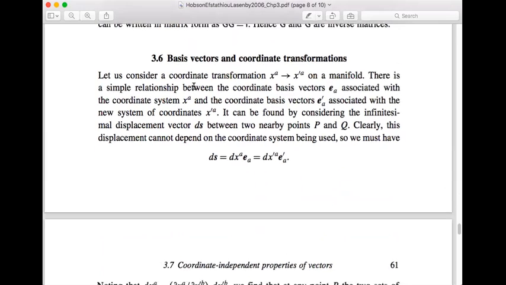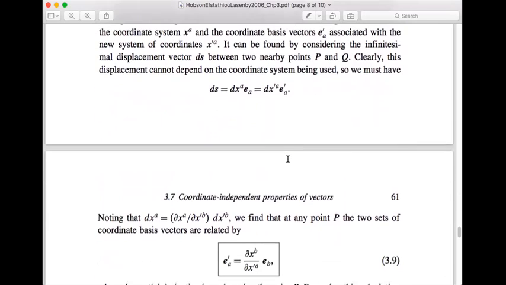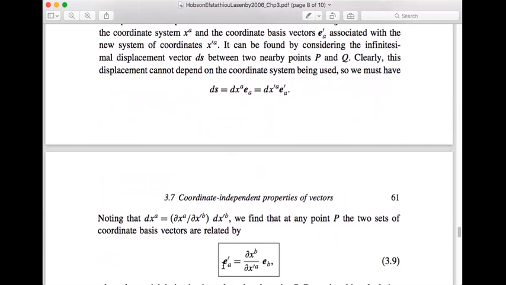To really understand these basis vectors, we need to understand how you can relate them in different coordinate systems. It follows from vector calculus that if you change coordinates from the old coordinate system x^a to a new coordinate system x'^a, then you'll have a new set of basis vectors, because the coordinate curves will be different, and so the tangents to those coordinate curves will be different.